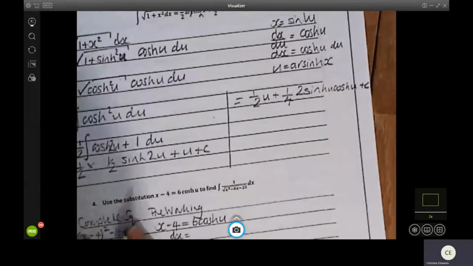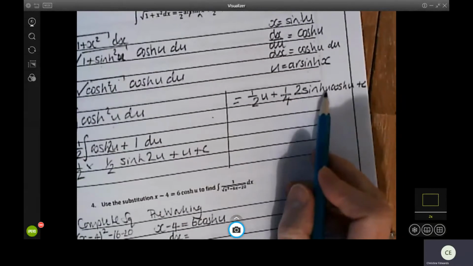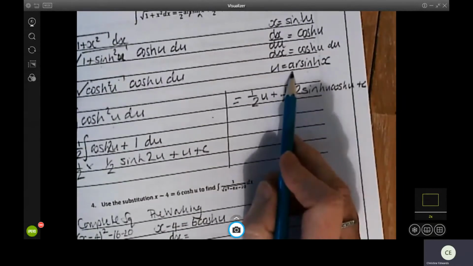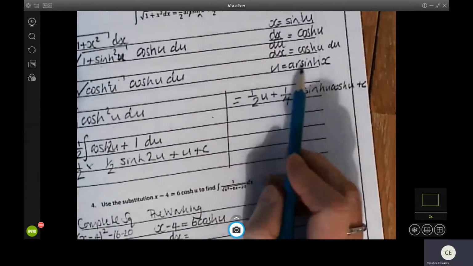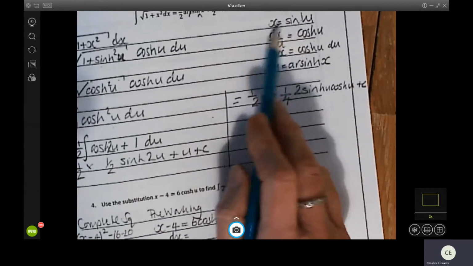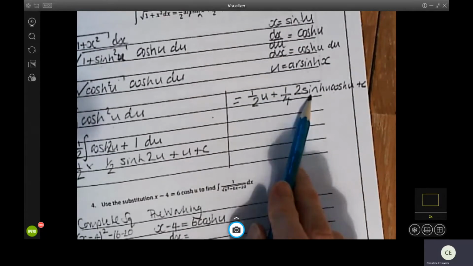Why have I moved to having the double angle there? Because I now no longer have a 2u, and that is going to allow me to replace these terms with the substitution and takes me back to x.